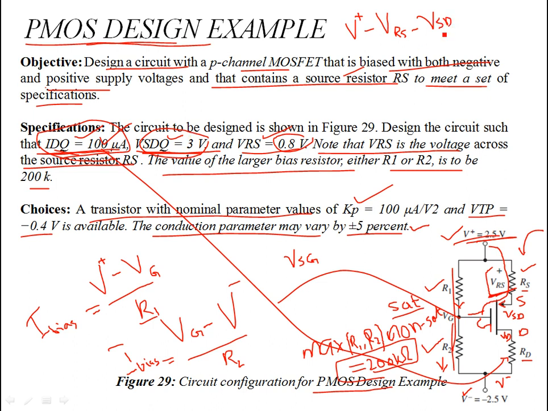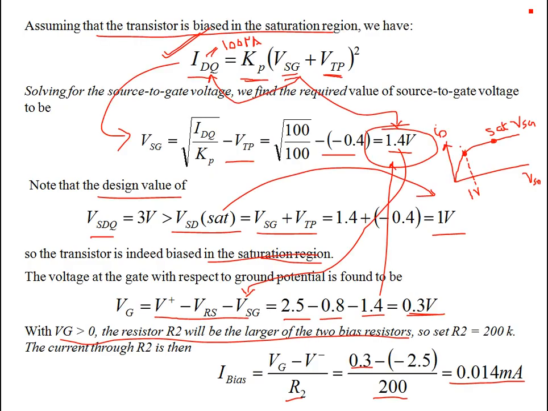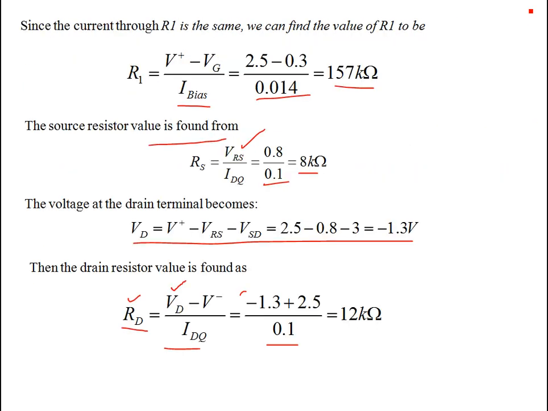VSD is given as 3 volts. Then minus VD, and this should be equal to your V negative.